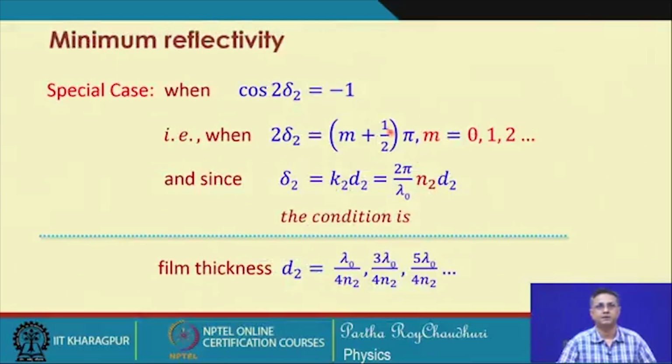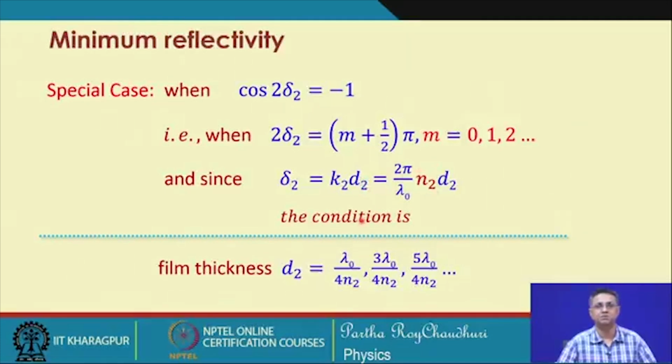Therefore, when cosine 2 delta 2 equals minus 1, the condition for this to appear is twice delta 2 will be equal to (m plus half) pi, where m equals 0, 1, 2, all integers. And since delta 2 is equal to this, we can write delta 2 in terms of this.